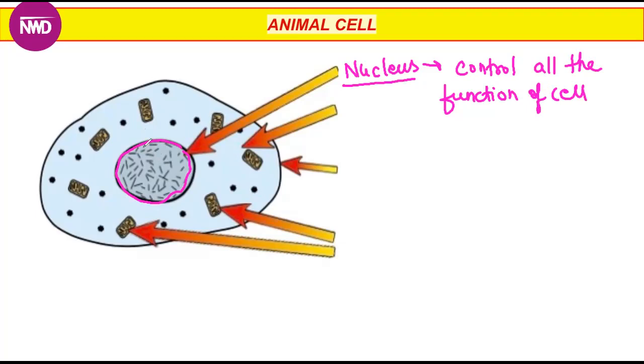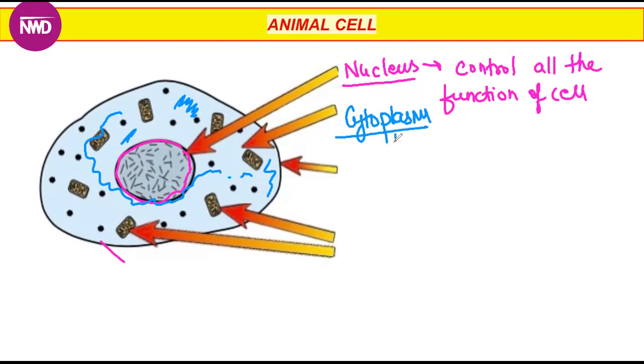After that, you will see outside this there is a coating. Can you see this whole blue kind of structure outside? So what is this blue stuff? It is a jelly-like stuff, and this jelly-like stuff is known as cytoplasm.